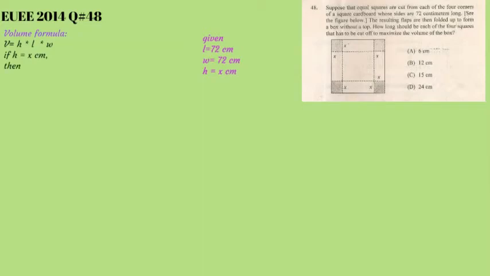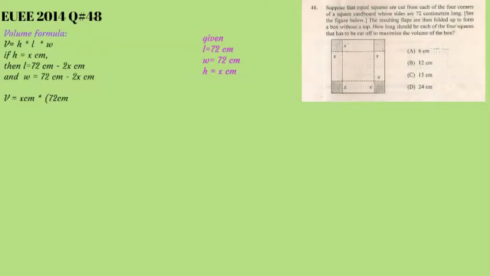If the height is x, then the length would be 72 centimeter minus 2 times x centimeter. And also the same thing for the width. Where did we get the 2 times x? Because when we cut from the top and the bottom, also from the width from the two sides. That's why we have to subtract 2 times x.